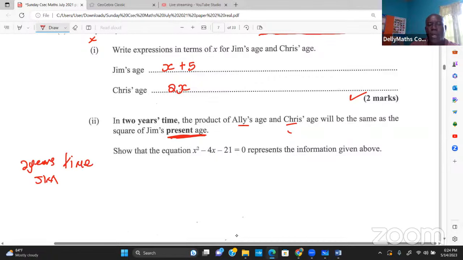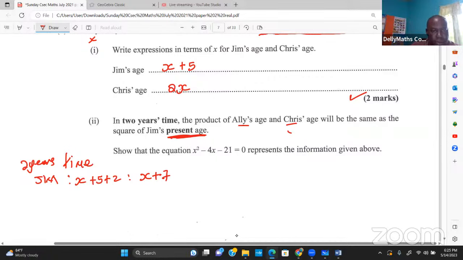In 2 years' time, you know what Jim will be? Jim will be x plus 5 plus 2. All right? So Jim is going to be x plus 7 in 2 years' time.